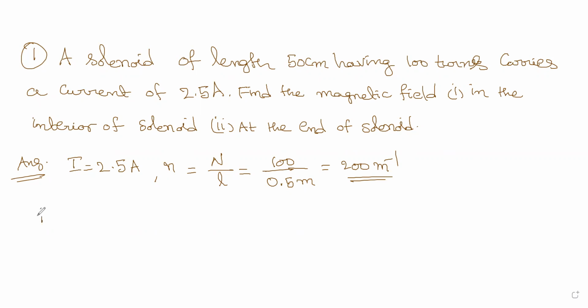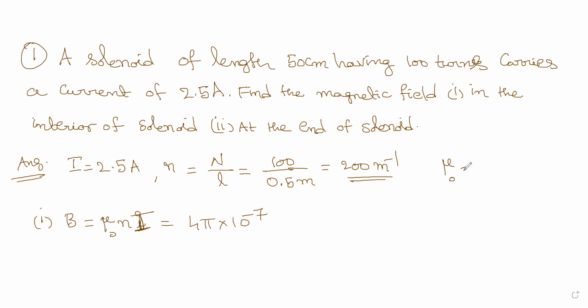Now the first part, the interior of the solenoid, is mu naught n I. This is a very simple calculation, where I is the current. So let's plug in the values. Mu naught value is 4 pi into 10 to the power of minus 7.